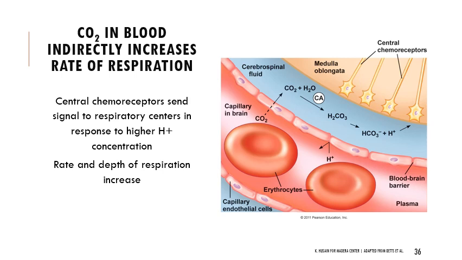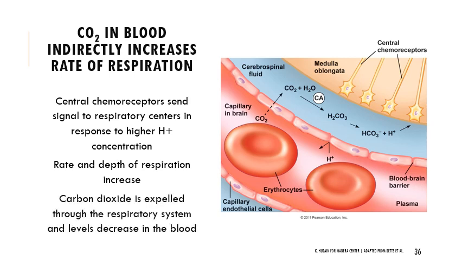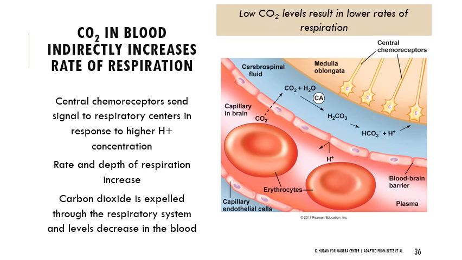In response, the respiratory centers increase the rate and depth of respiration, which removes carbon dioxide more effectively through the respiratory system and decreases levels of carbon dioxide in the blood. So it's a negative feedback loop. The opposite is also true. If you have low carbon dioxide levels, that results in lower rates of respiration, so you accumulate carbon dioxide more slowly.